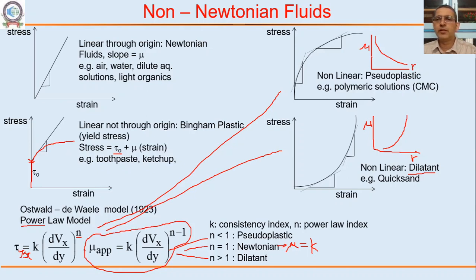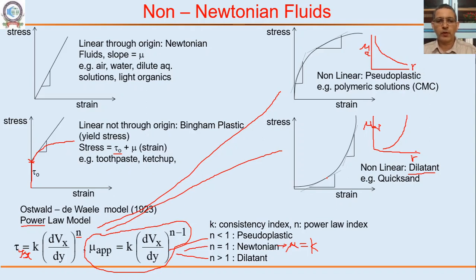Viscosity is not constant, it is an apparent viscosity. Apparent viscosity is reducing with the strain rate in one case, and increasing with the strain rate in the other, right? So that's the meaning of apparent viscosity.